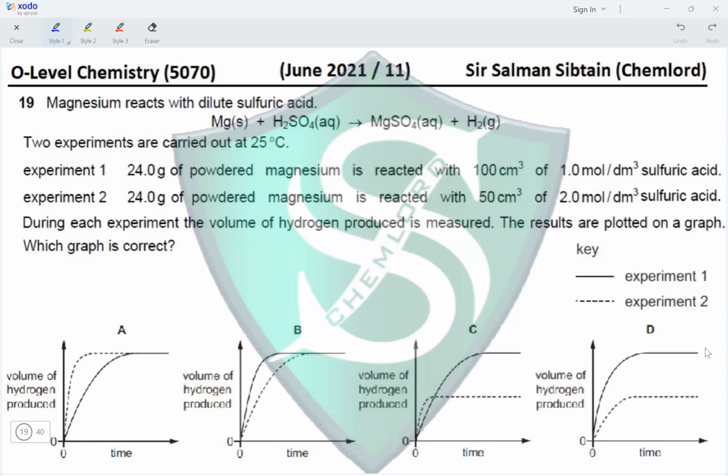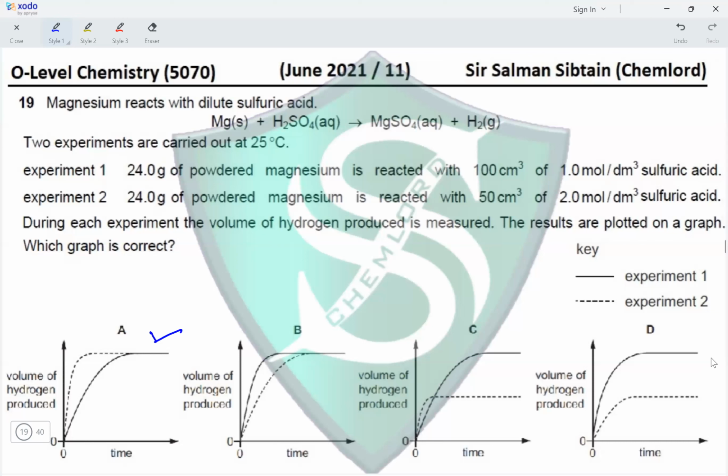In the graphs, they have given us a key that the solid line is experiment 1 and the dotted line is experiment 2. So experiment 1 is the same in all cases. Experiment 2, in case of A, has the same volume of hydrogen being produced, but it is being produced more quickly. This is what happens when the concentration of acid is more. So this is the correct option.